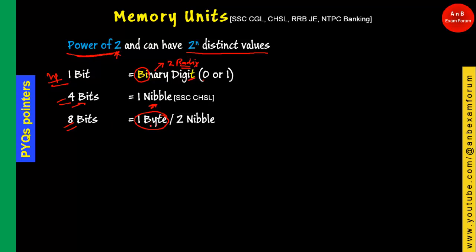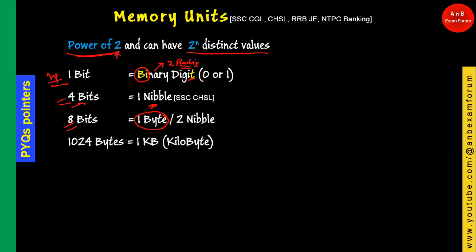In other words, if you combine 2 nibbles, you will have 1 byte or 8 bits. Let me repeat once again: 1 bit is a binary digit, 4 bits equal 1 nibble, and 8 bits equal 1 byte or 2 nibbles.